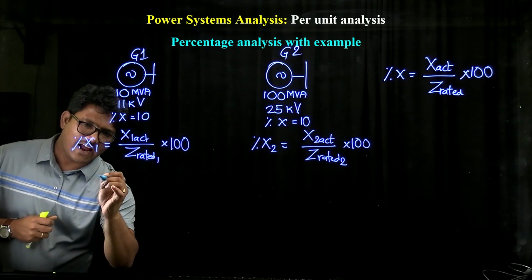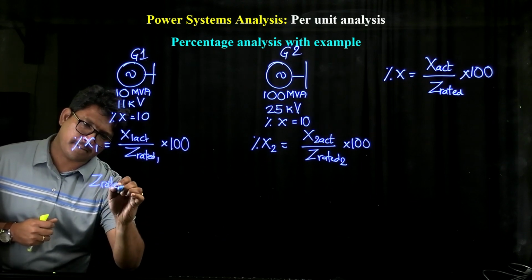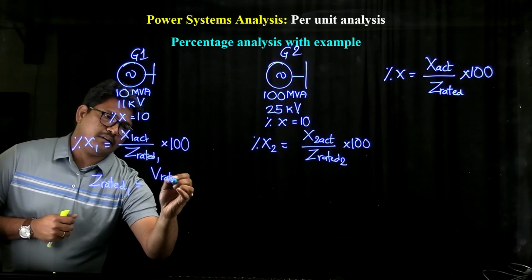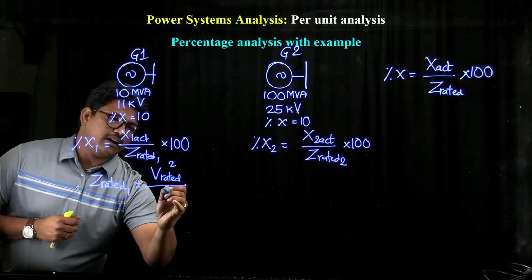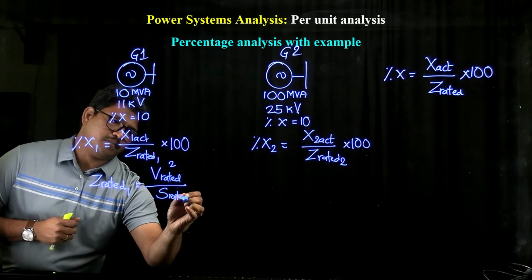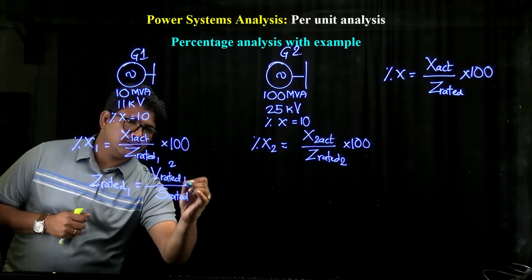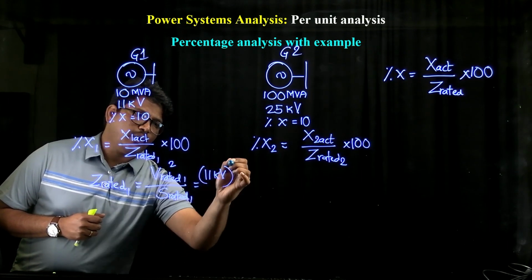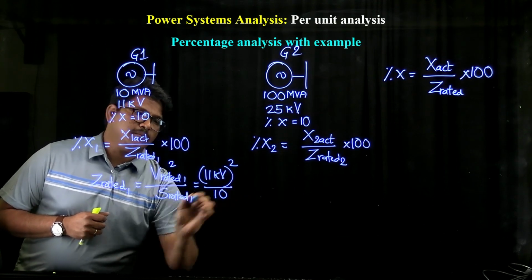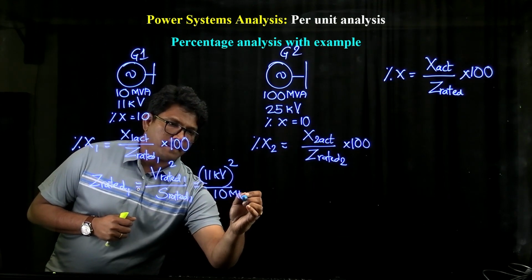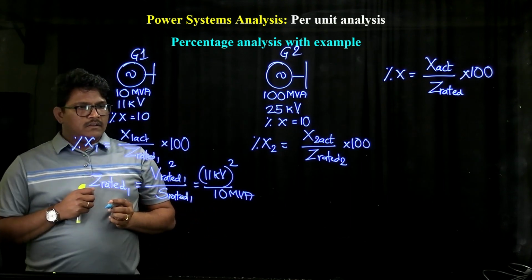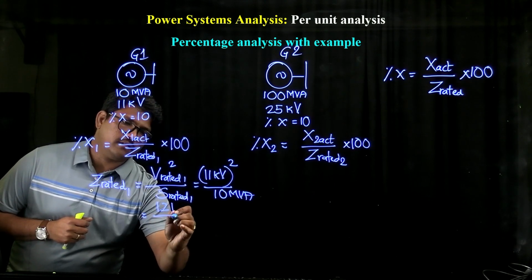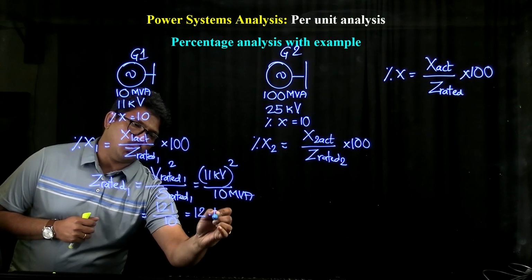If you look at the rated reactance of the first machine, that is V rated square divided by S rated. This is for the first machine. You know that the V rated is 11 kV square upon 10 MVA. This is actually 121 divided by 10, which is 12.1.